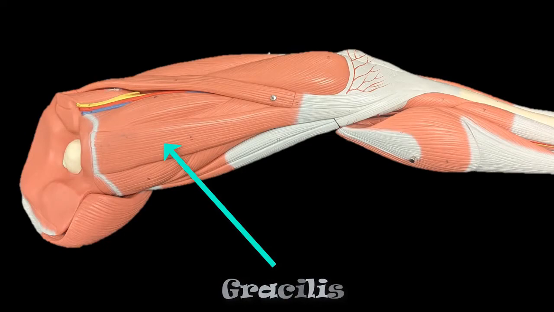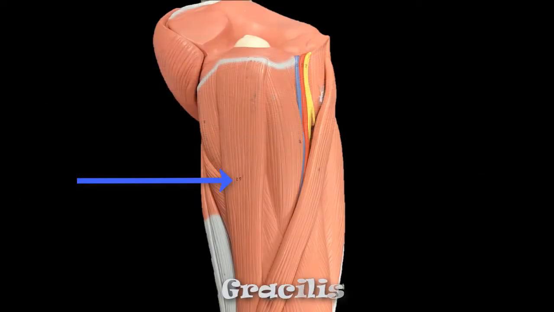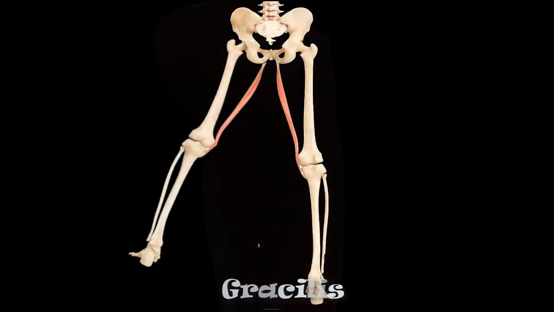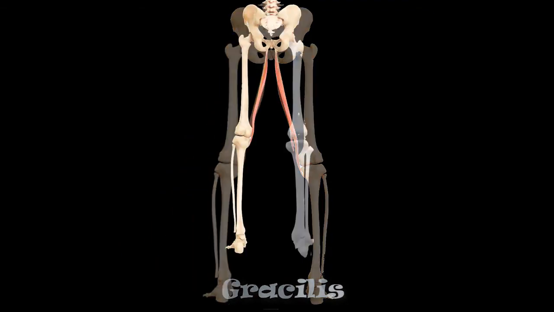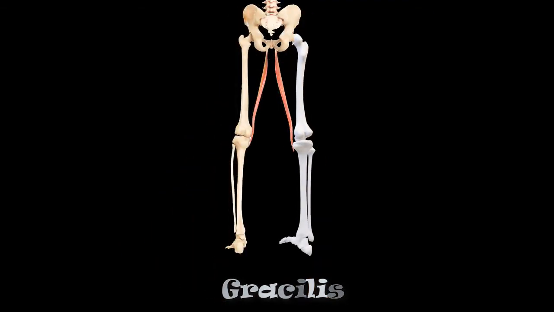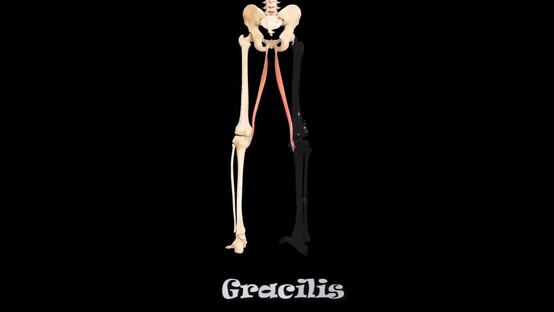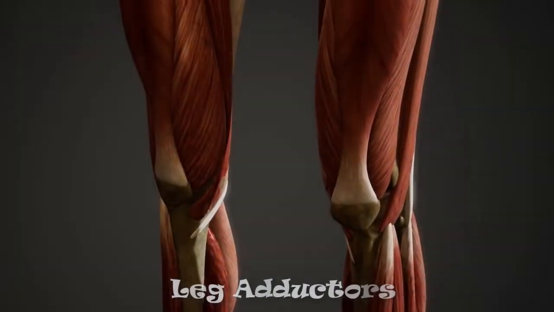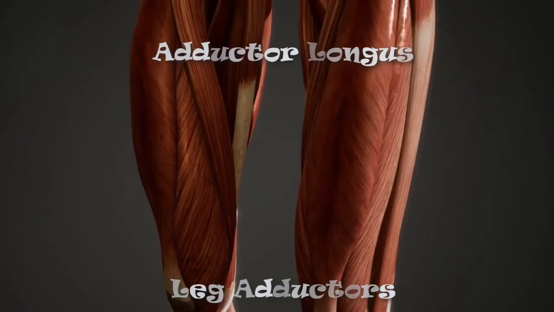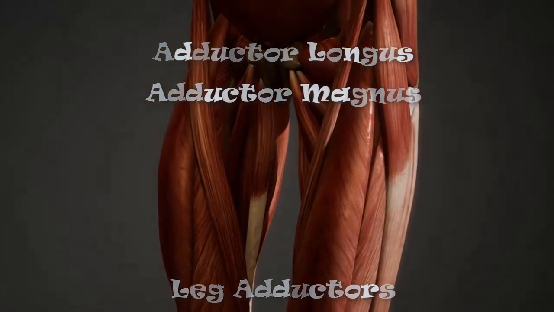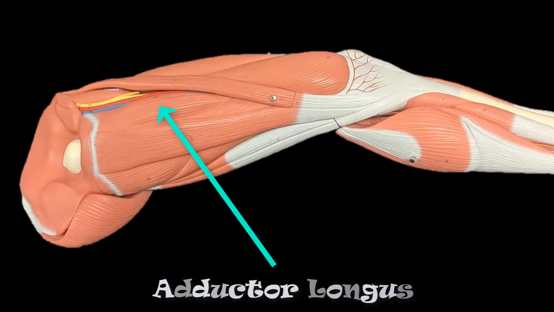The Gracilis muscle. This performs adduction and medial or internal rotation of the thigh at the hip joint and flexion of the leg at the knee joint. The leg adductors are the Adductor Longus and Adductor Magnus. The Adductor Longus.